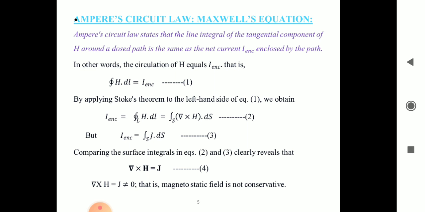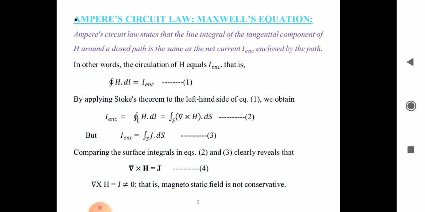In other words, the circulation of H bar equals I enclosed, that is closed integral H bar dot dl bar is equal to I enclosed. Let this be equation 1.